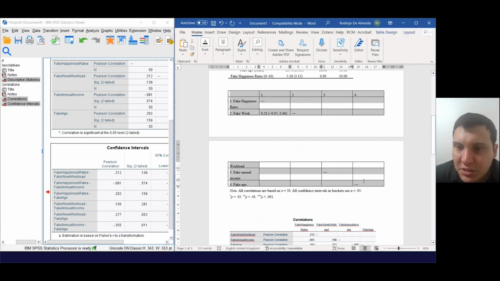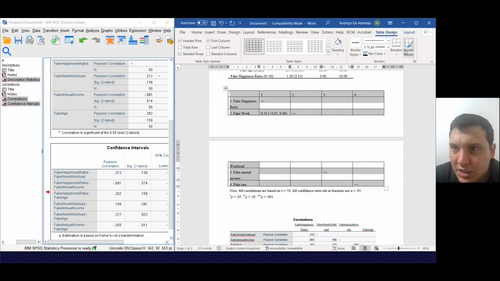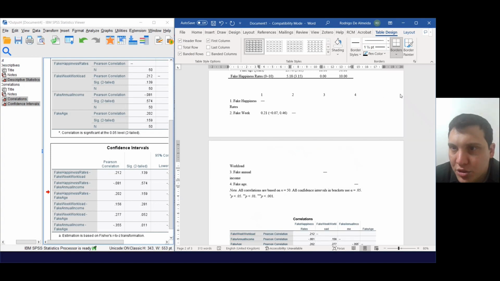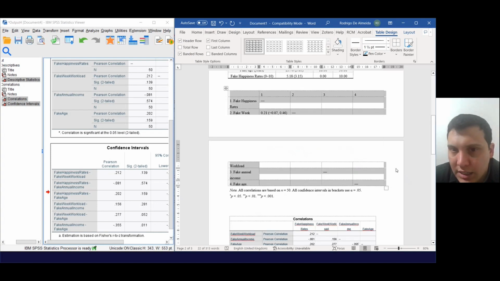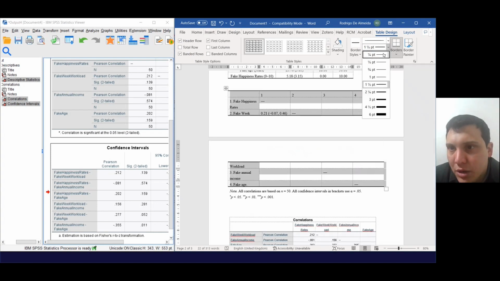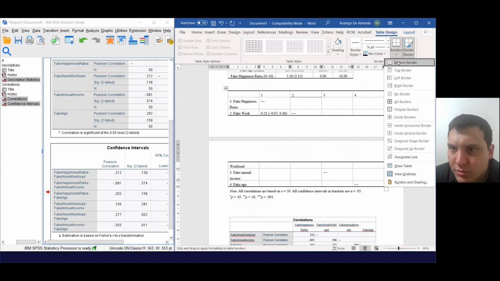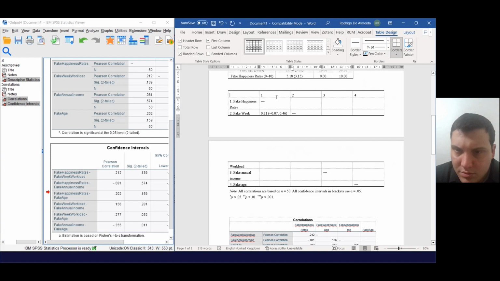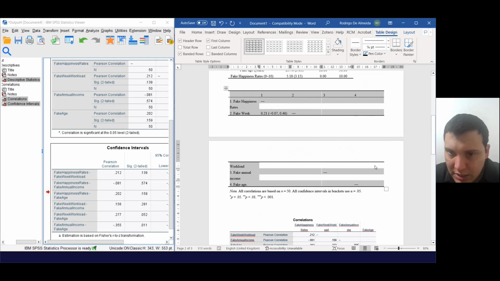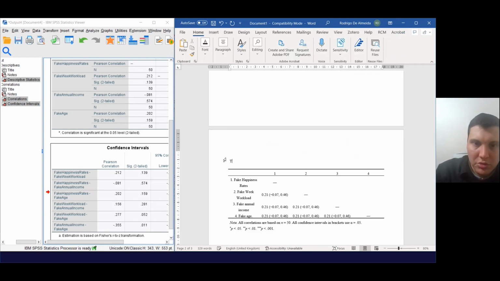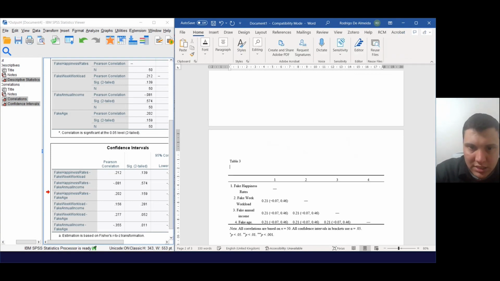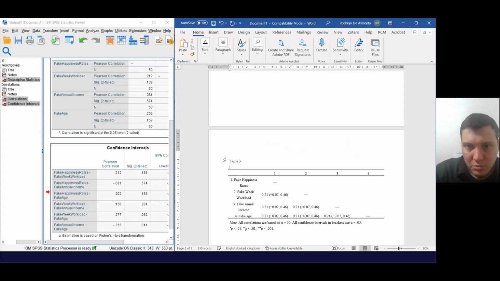You still need to fix the lines. So let's first go to table design, get rid of all the borders, keep grid lines at the bottom. Now use the regular line. We want the top. We want the headings to have a separation. We unselect grid lines. We still need a title, so table 3, for example, if that's the case, and matrix.